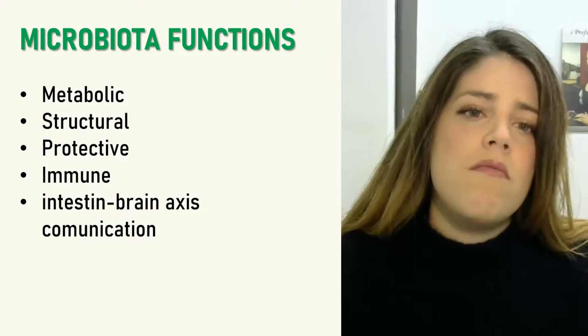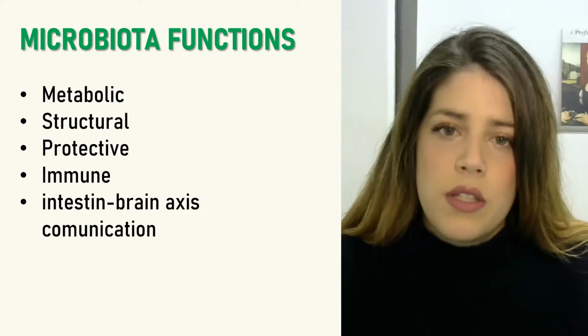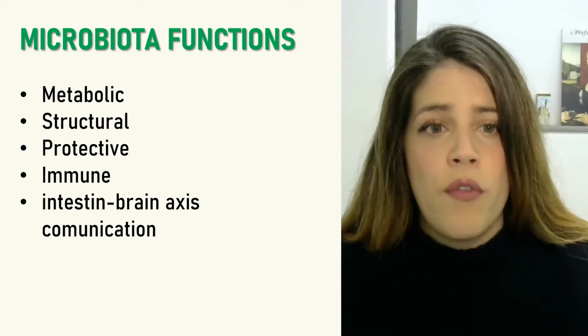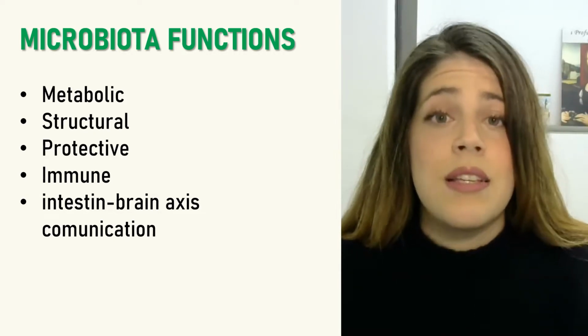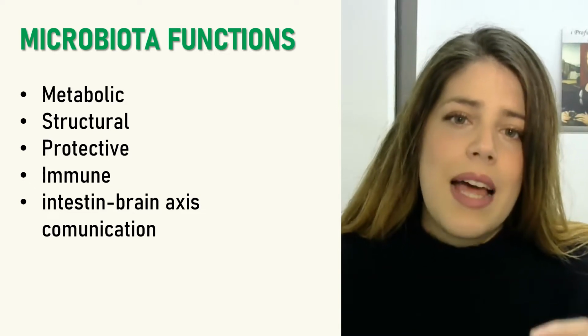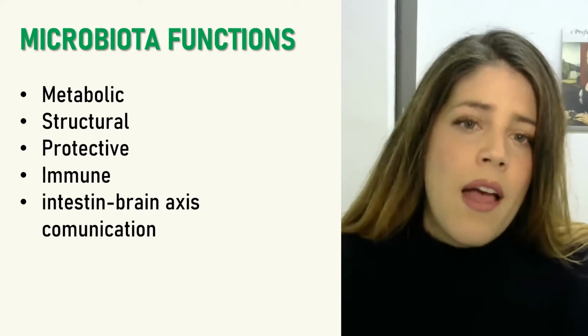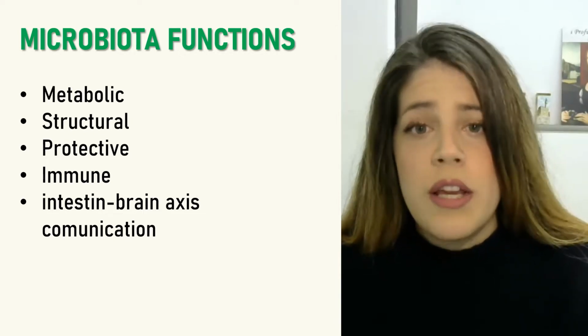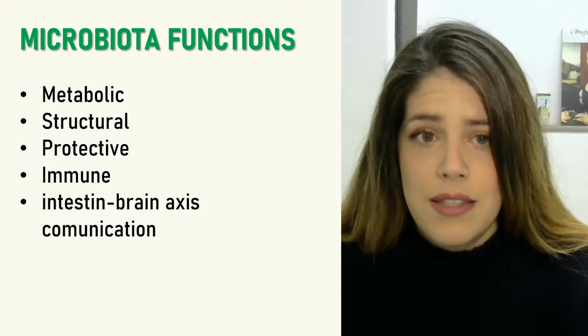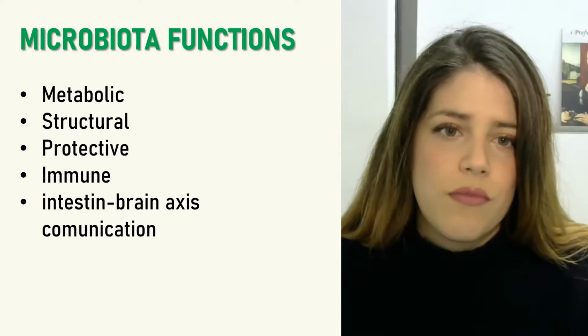It also has an immune function. In fact, it produces immunoglobulins, which is why a substantial part of our immune system resides in the intestine. Thanks to the microbiota, there is intestine-brain axis communication. That is, just like the brain and therefore our emotions often influence the state of our intestine, the intestine also affects some brain functions.